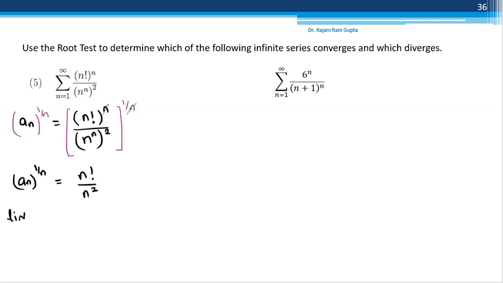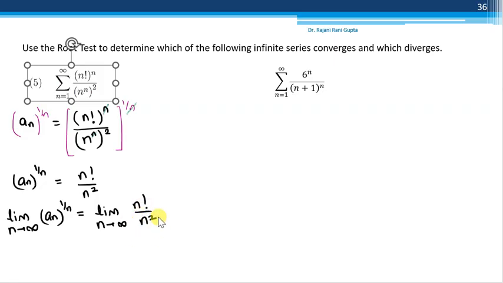Now finding the limit as n approaches infinity of a_n to the power 1 over n is the same as finding the limit as n approaches infinity of n factorial over n squared. As n approaches infinity, both numerator and denominator approach infinity. For this limit, if you remember, what is n factorial?